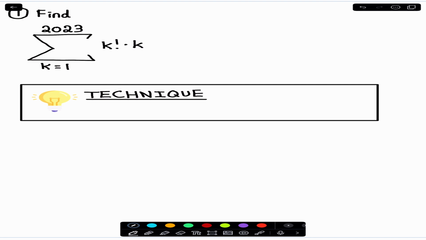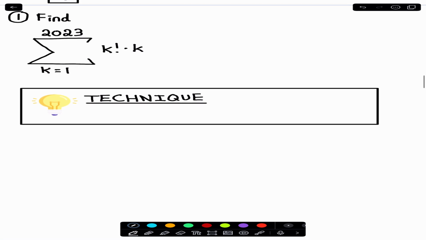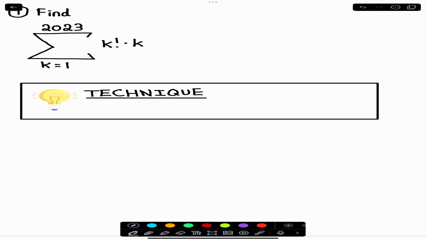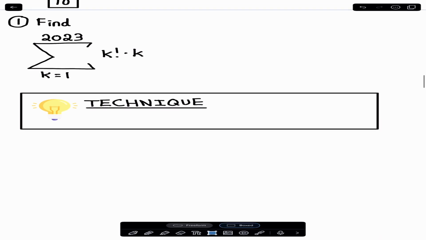So we know we need to get this to a telescoping form, but how would we do that? How are we going to get this thing to telescope? Because right now it's not really in that form.